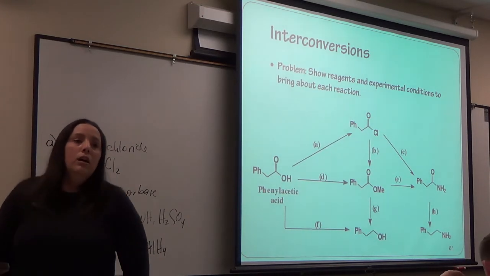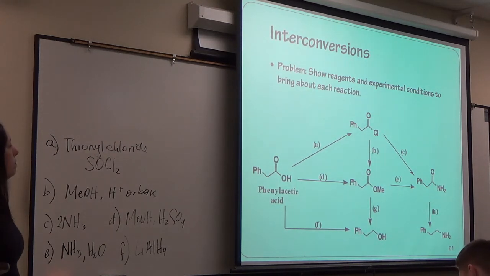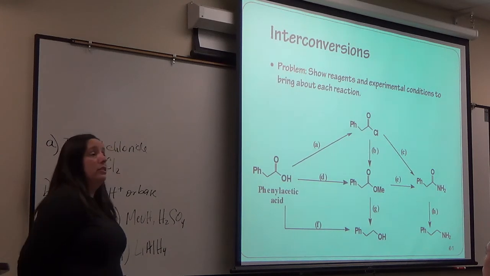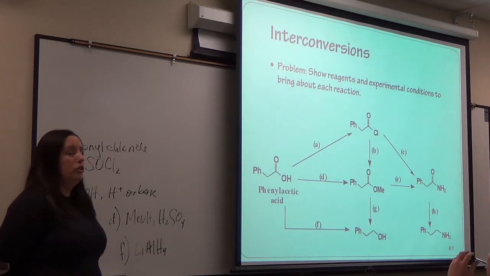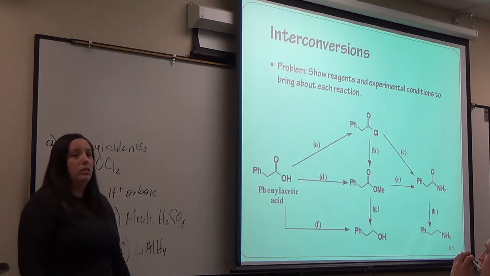For B and D, I get that you would need it. You need H2SO4 for the OH. Is it because chloride is more reactive that you would only need basic acid? So with chloride, sometimes you don't even need any catalysts in there. But yeah, the acid chloride is definitely the most reactive out of all of the derivatives. So you don't usually, but for D, it's required. If you don't use the acid catalyst, that reaction doesn't work.